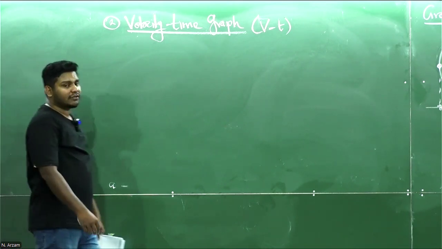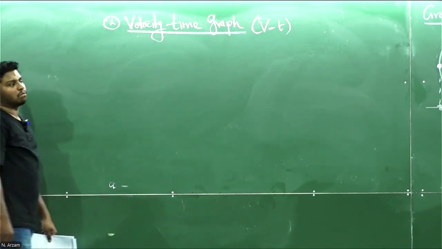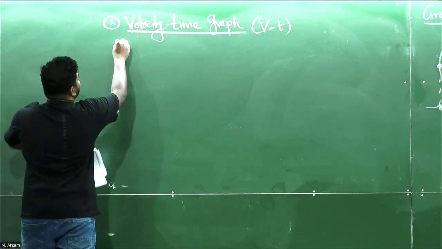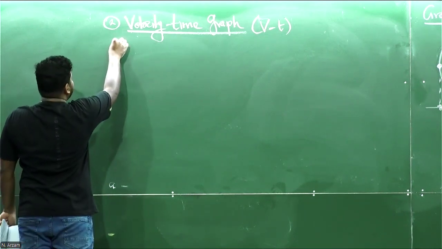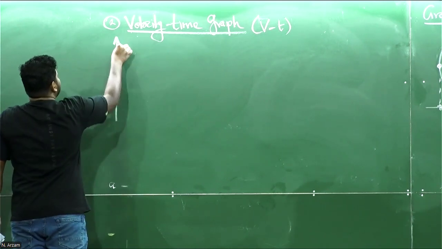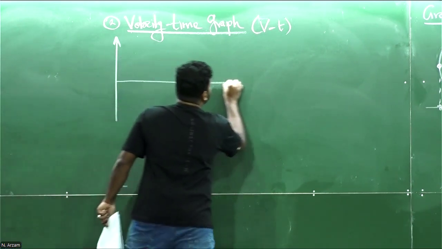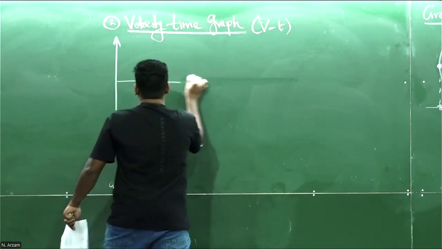So look at this one. When you are drawing the VT graph, let's plot the axis.